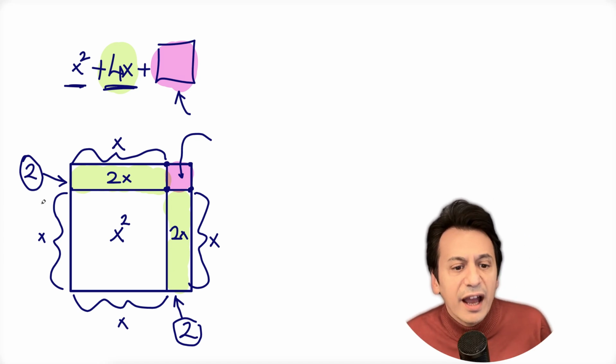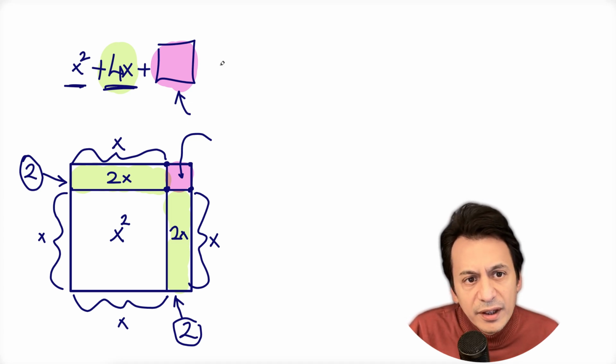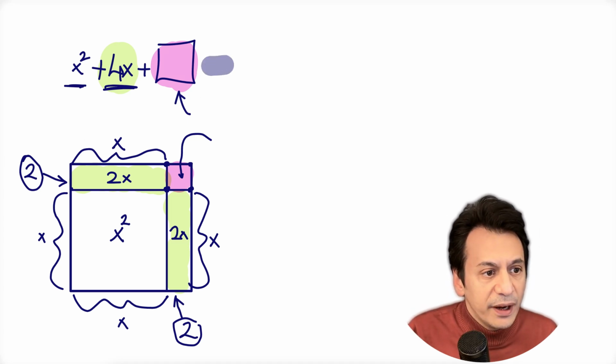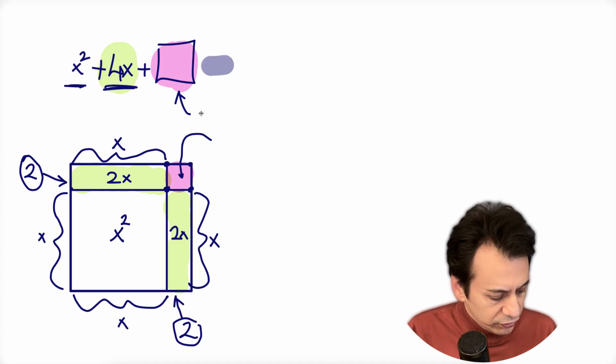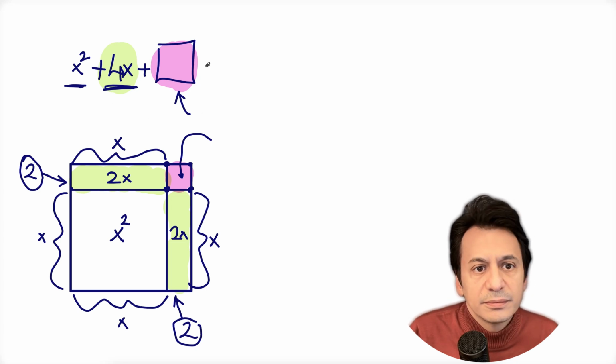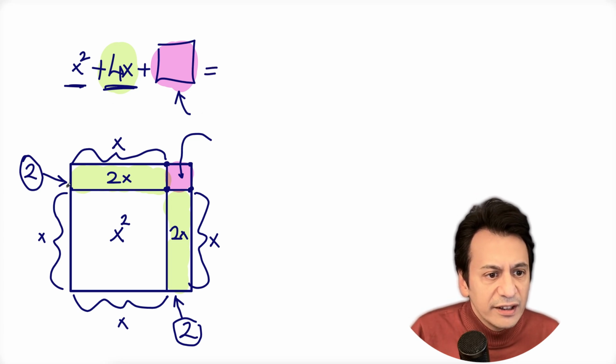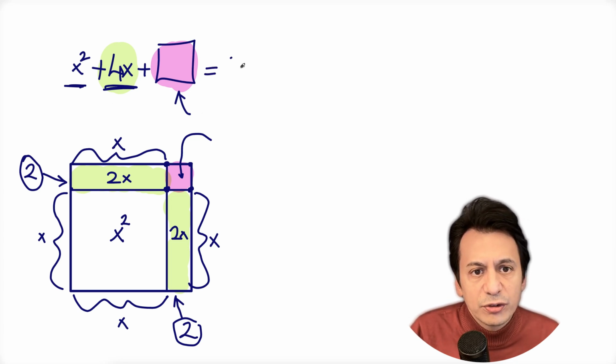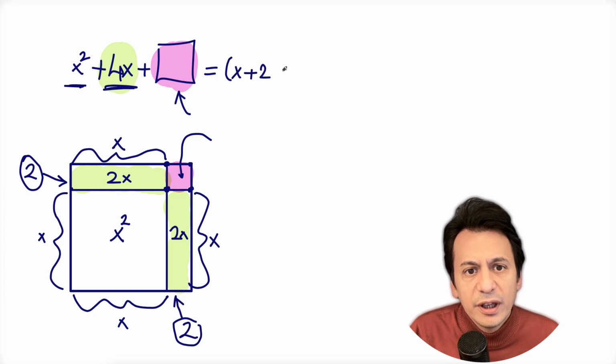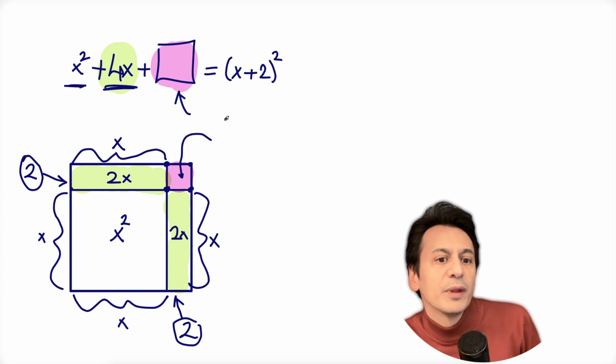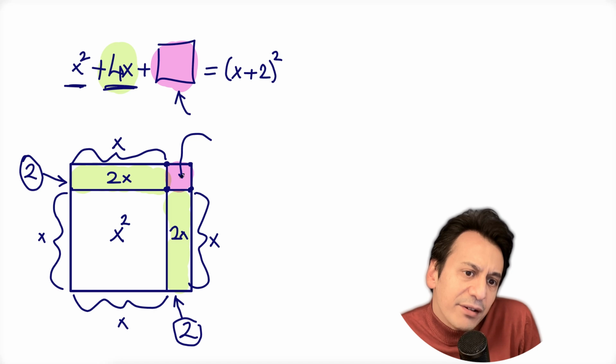After finding it, I can safely say that this expression equals, you see, the side length of the larger square is x plus 2, so the square of x plus 2. But what is the area of the small square?